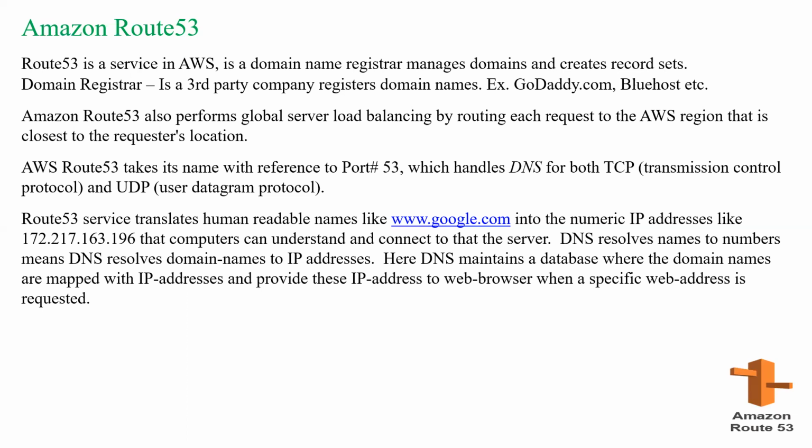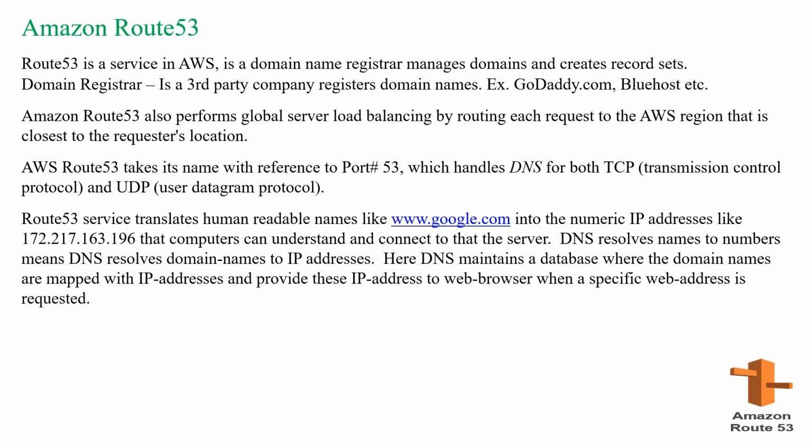So when you try to open a web server, you can either type the public IP address of that particular domain name if you know it, or you can simply type in that particular domain name itself. So that is how we'll be able to fetch the web pages on the internet. So all these services are provided by Amazon Route 53.